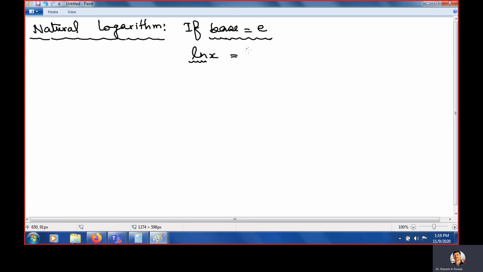ln means natural log. So ln means log x base e. What is e? 2.718. Clear? If the value of base is e, then it is denoted by ln, the natural logarithm.